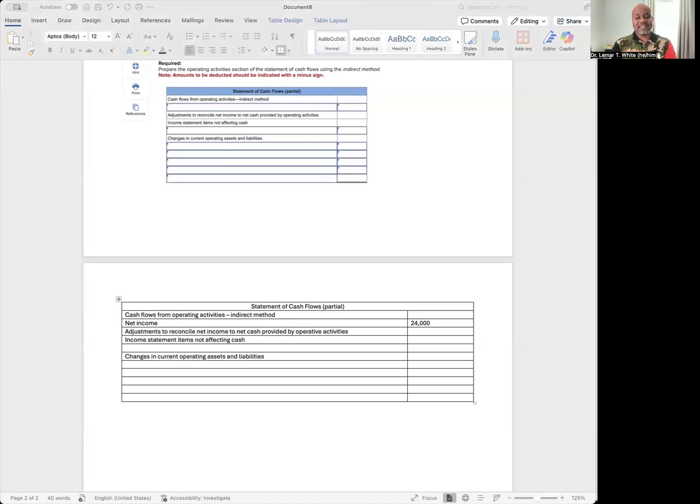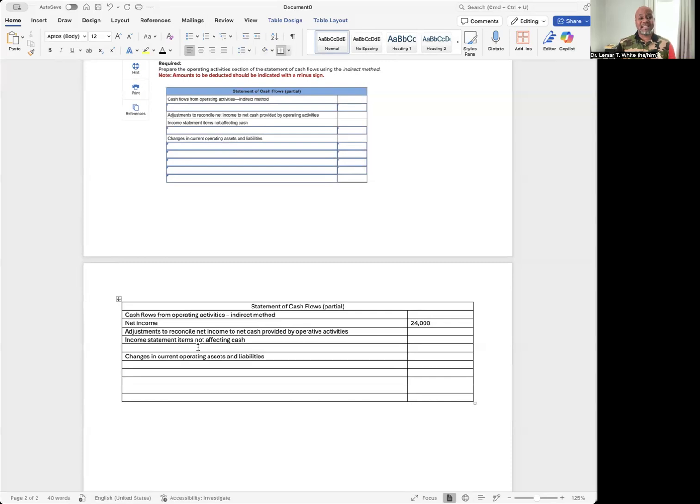Next, we're going to look at our adjustments to reconcile the net income to net cash provided by operating activities. And we typically want to reconcile any income statement items that are not affecting cash. And remember from Accounting 101, depreciation is one of those items that does not affect cash.